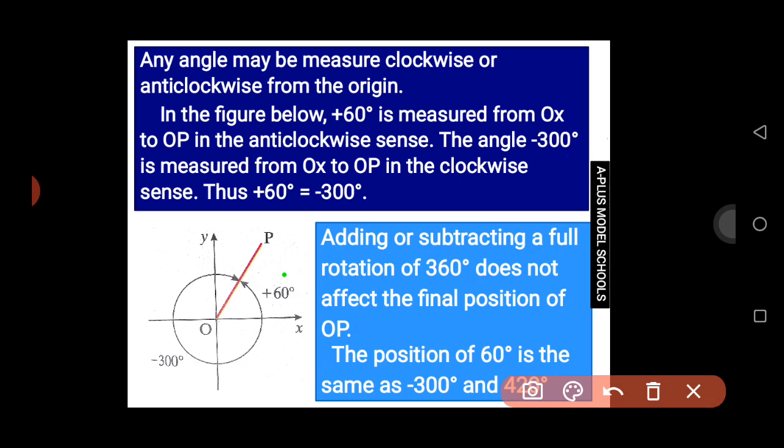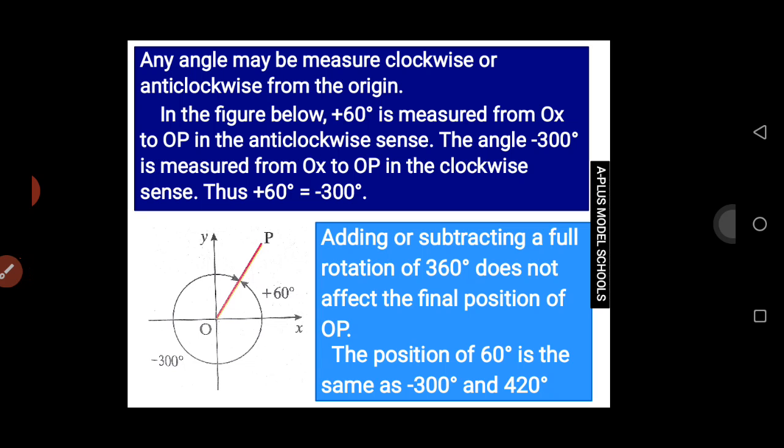Same thing happens if I have minus 270. If I have minus 270, that still falls in the second quadrant, because this will be 90, this will be 180, this will be 270 degrees. So with the opposite angle, I will still have the same value. The addition and subtraction does not change the position of OP.